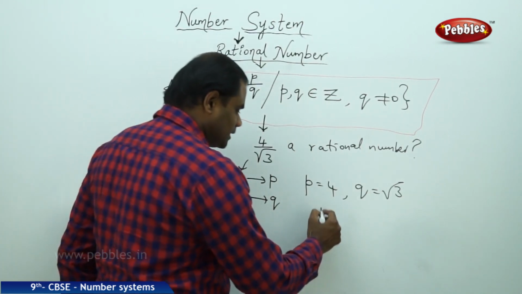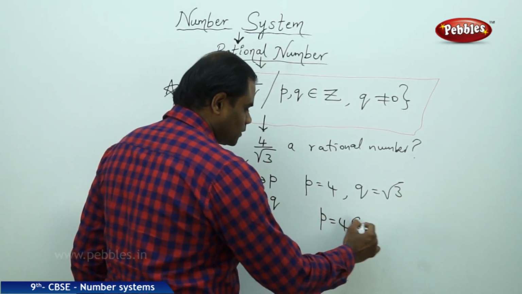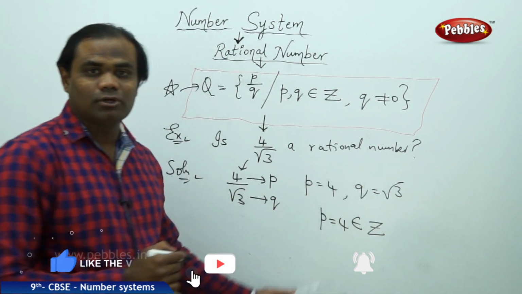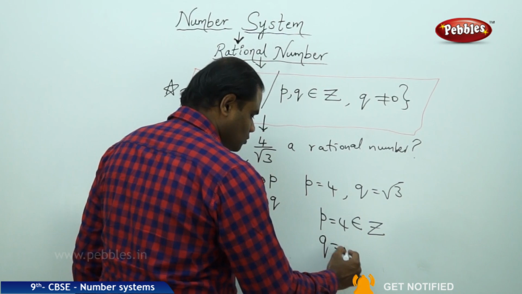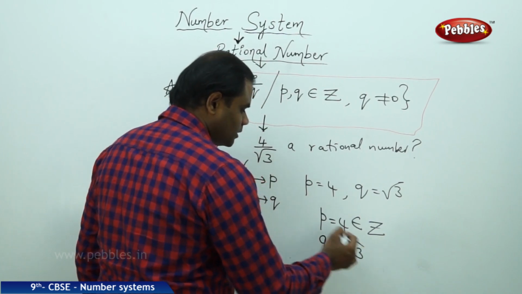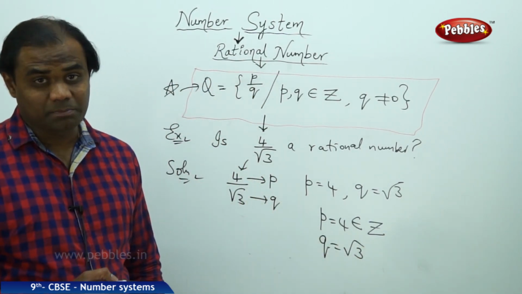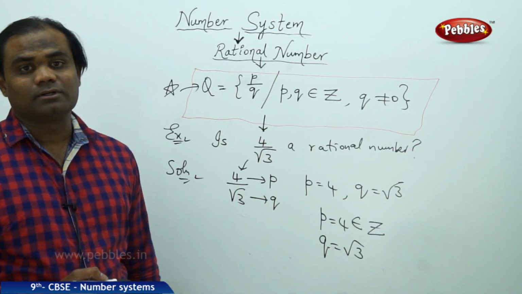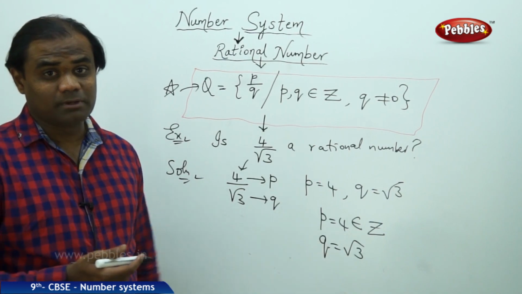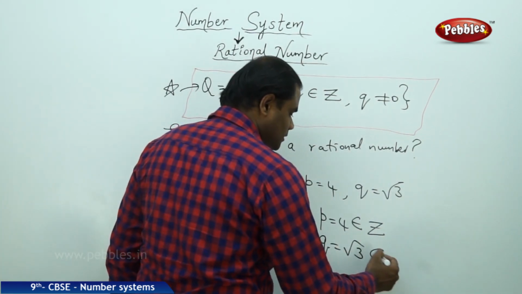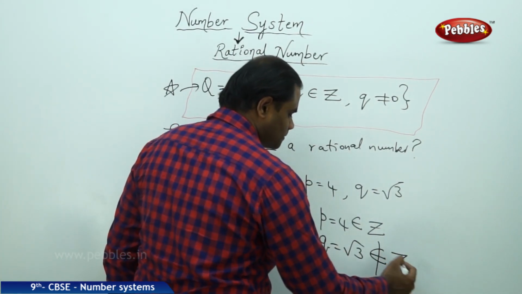P equal to 4 is an integer because its denominator is 1, but Q equal to root 3 cannot be expressed as a numeral over 1. This being a root which cannot be further simplified clearly says that it cannot be an integer.